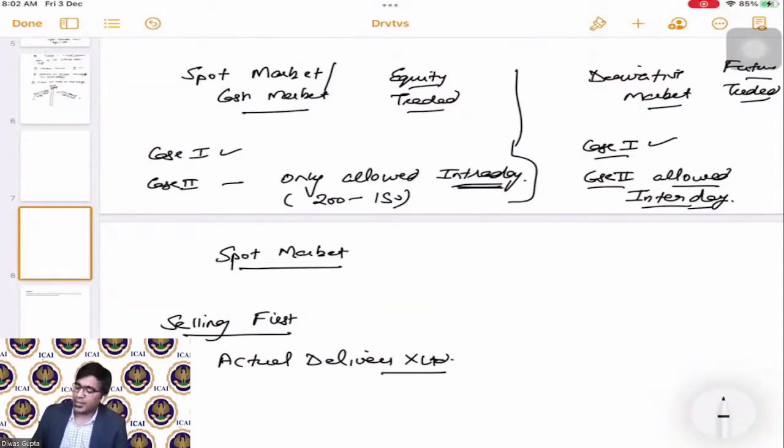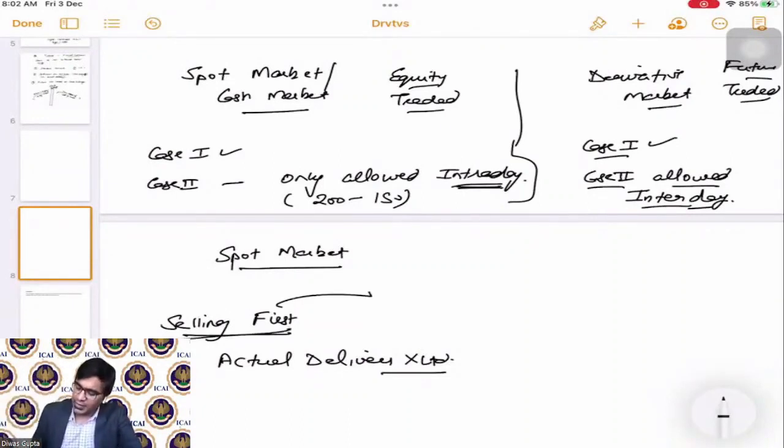If I'm selling, that means I have to actually deliver X Limited shares, correct? But since you haven't purchased it within the same day, how are you going to deliver it? Hence there is a high chance of default from the seller end. And hence this law came that within the same day you have to square up.